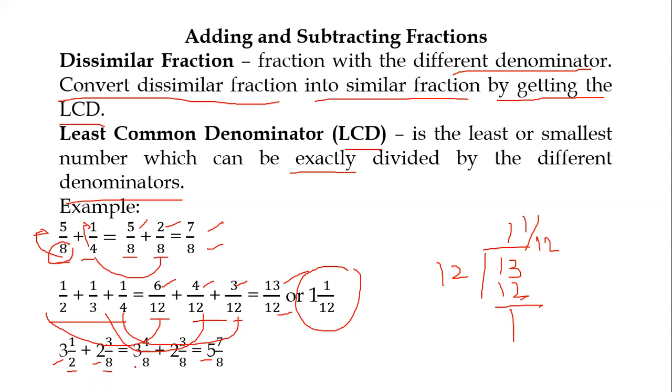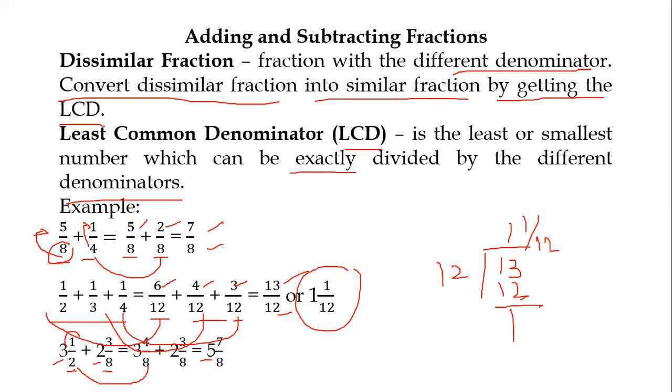Okay, so 8 divide 2, that's 4, times 1. Always i-multiply natin yung quotient sa numerator, hindi sa whole number, ha? So, the LCD must be divided into the denominator and then multiply the numerator.